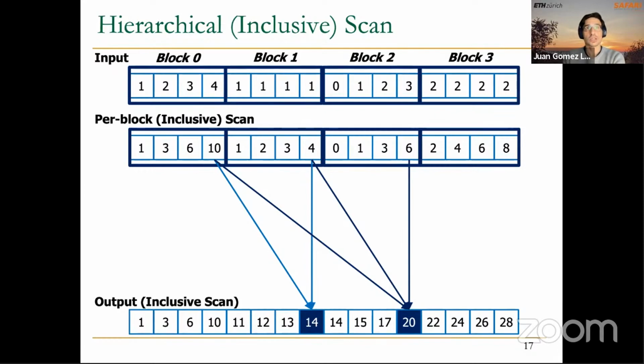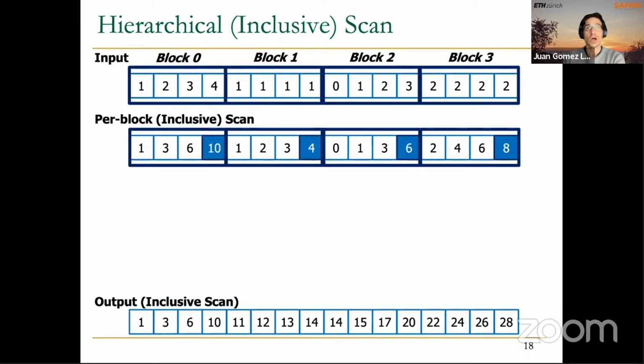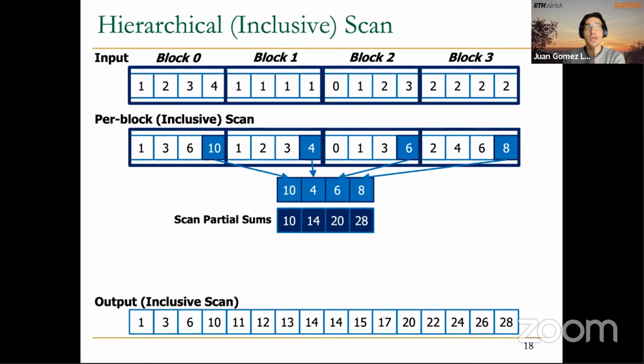So what this essentially means is that we have to take the last element of each of the per block scan operations and then apply a scan of partial sums to these reduction results, to these last elements of each of the per block scans.